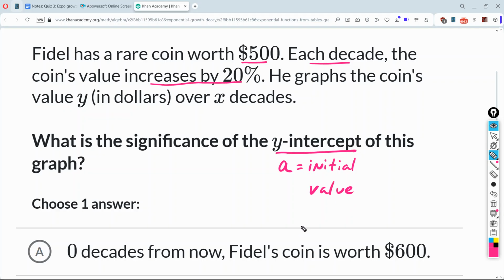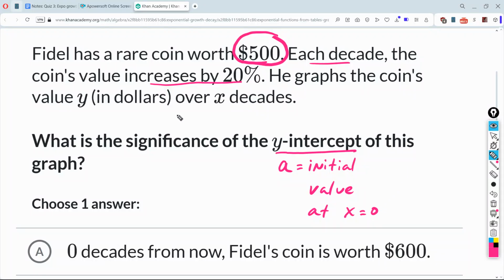That's basically at x equals 0. So the initial value right here is $500. That would be your y-intercept, the initial value at x equals 0.